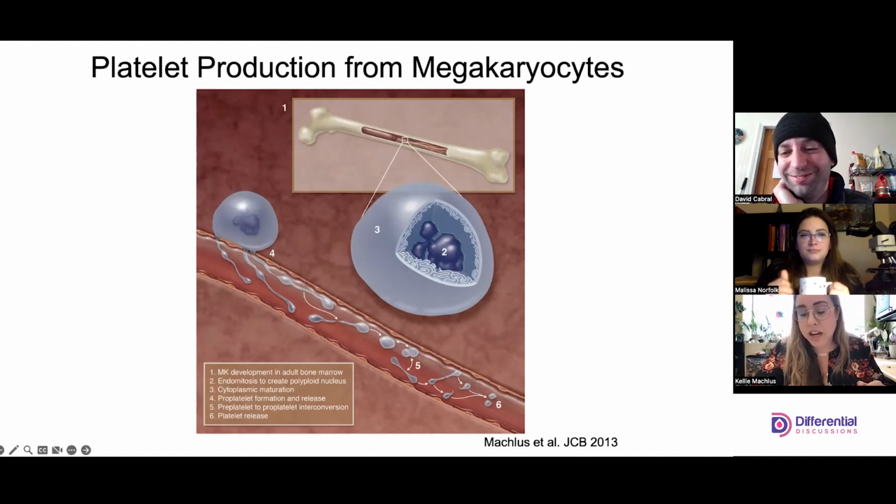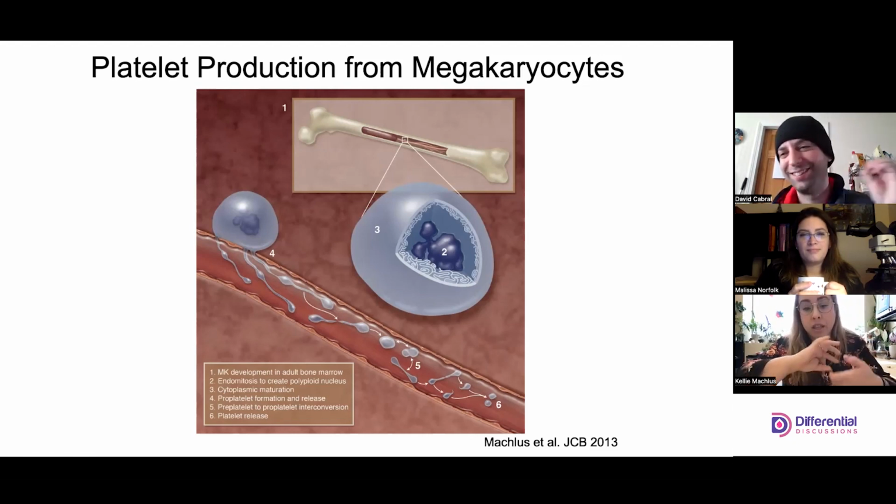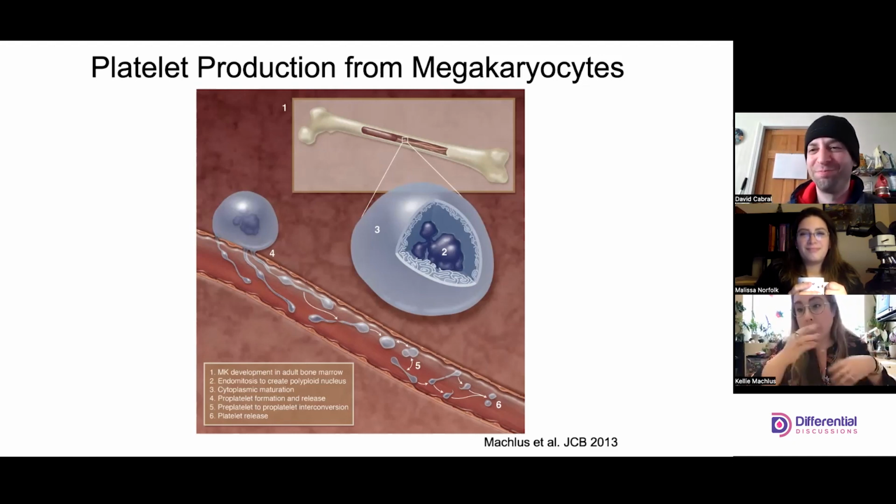We made it in 2013, but we now think that it sticks these proplatelet protrusions through the actual cytoplasm of endothelial cells, not between them. These proplatelet extensions go into the vasculature, and then because of the turbulence of the blood, very quickly they undergo rapid fission events.